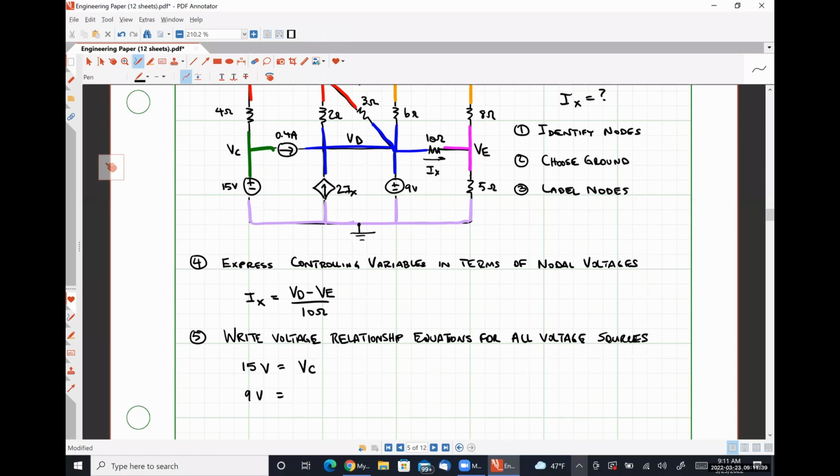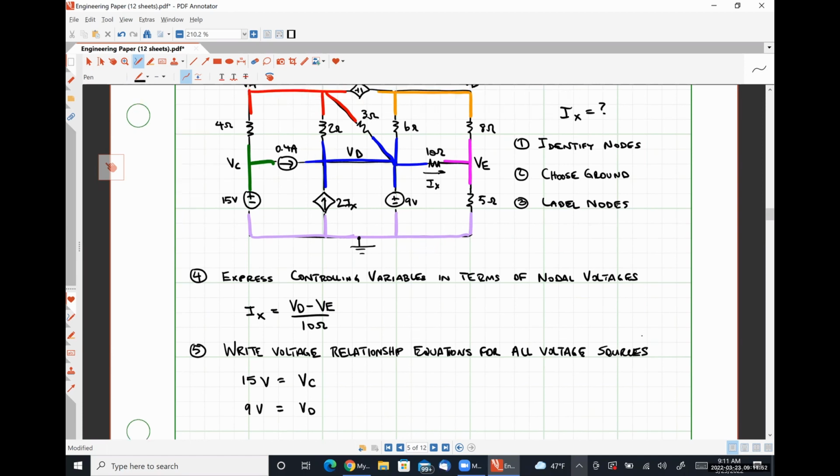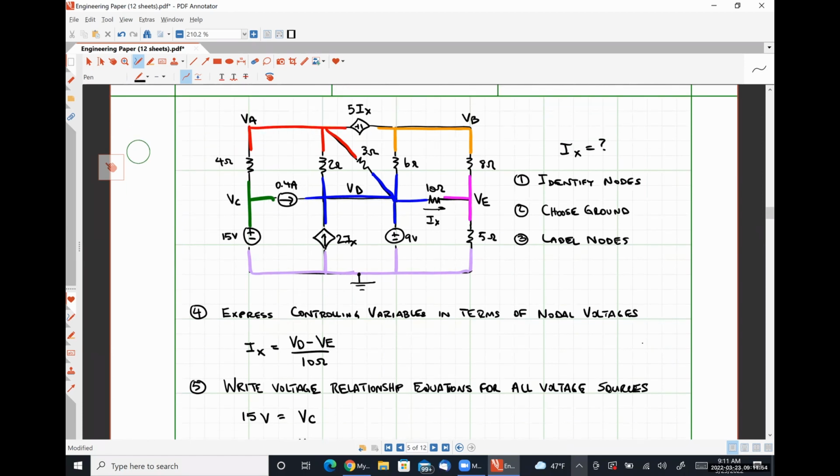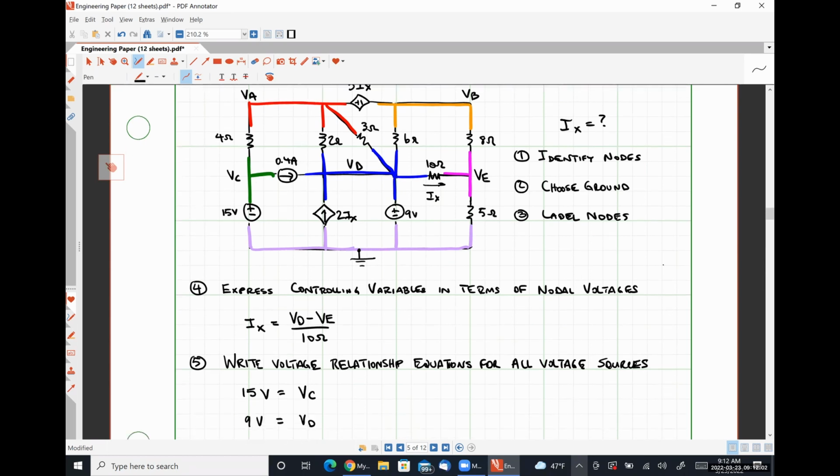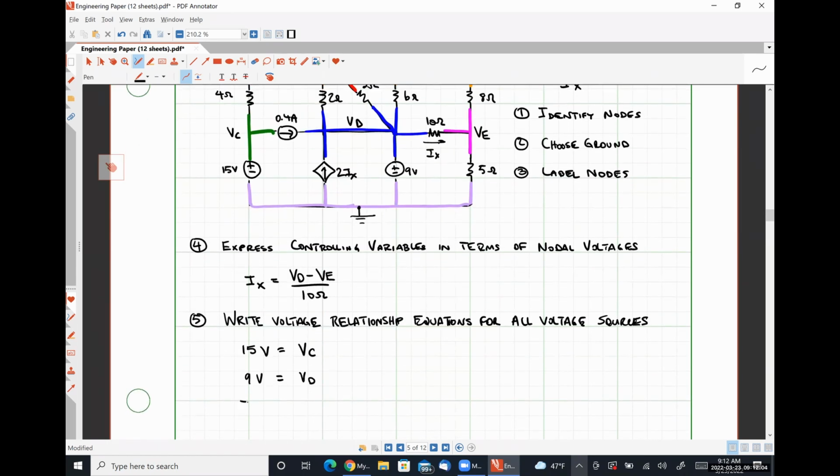What's our voltage relationship equation for our 9-volt source? Just equal to VD. Okay. Lastly, I have our 5Ix voltage source up top.